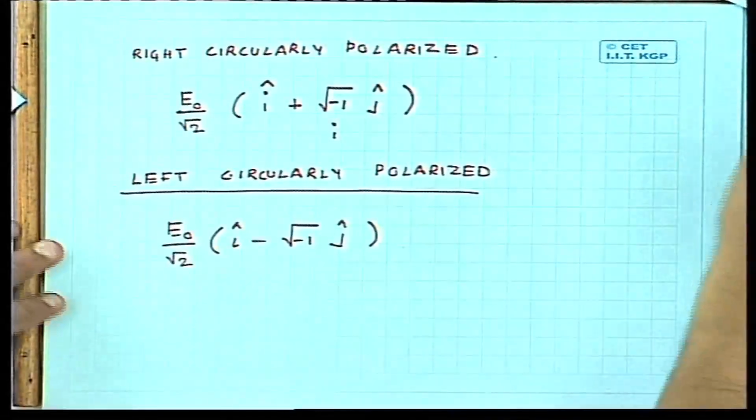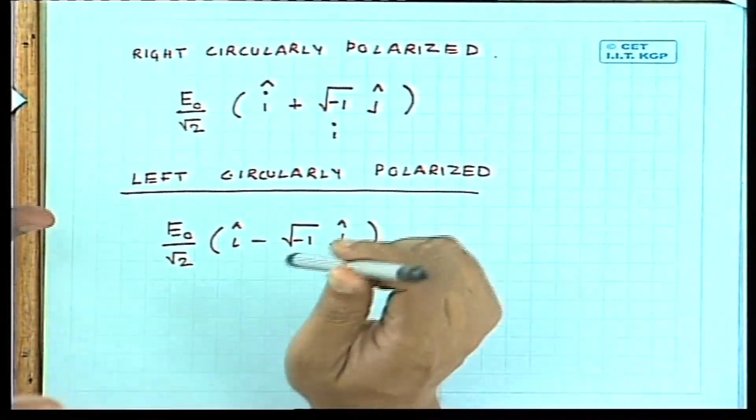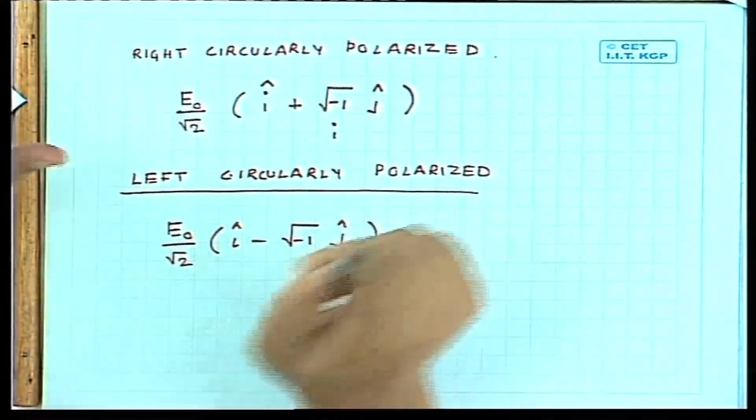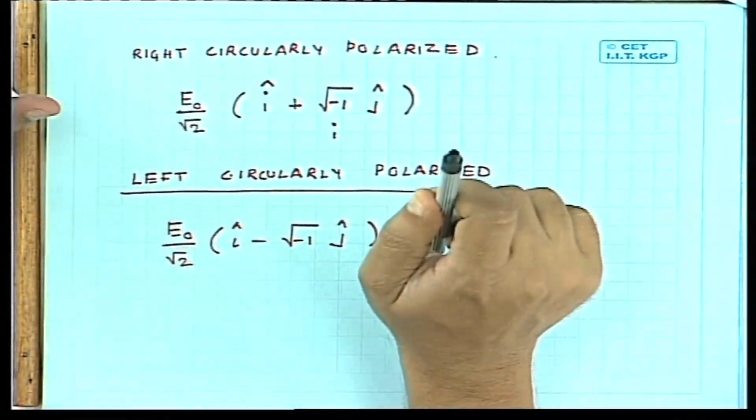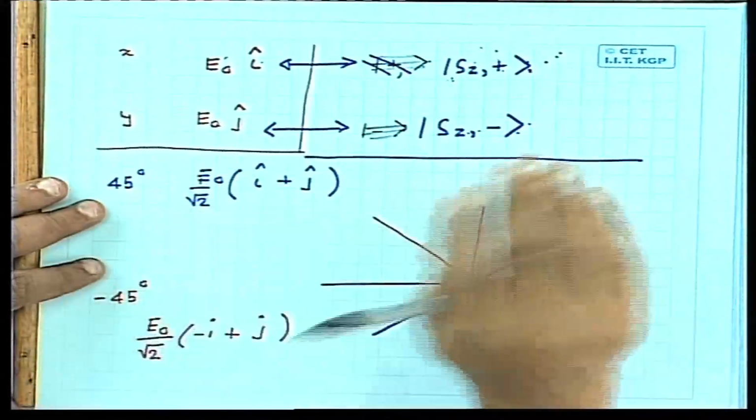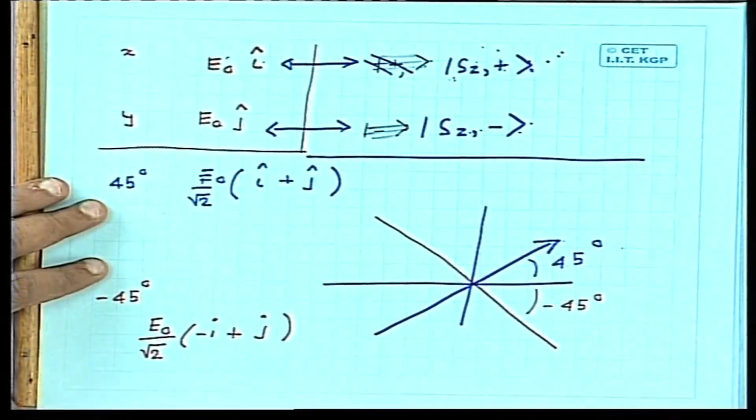So the key feature is that there are only two basis vectors involved here, and any complex superposition of these two will represent a state of polarization of light. Every state of polarization of light can be expressed as a complex superposition of, let us say, these two vectors. Equivalently, we could use either these two.